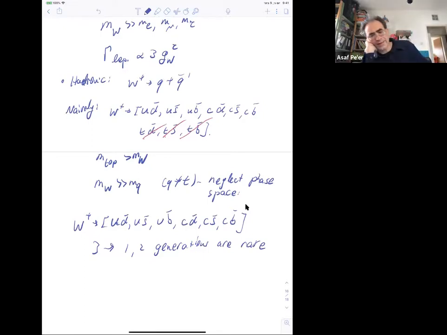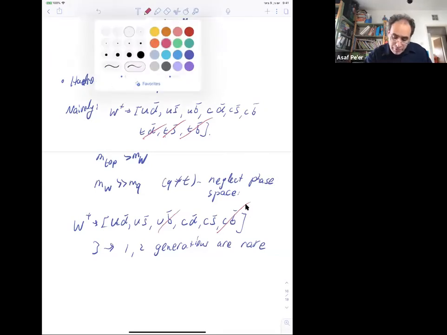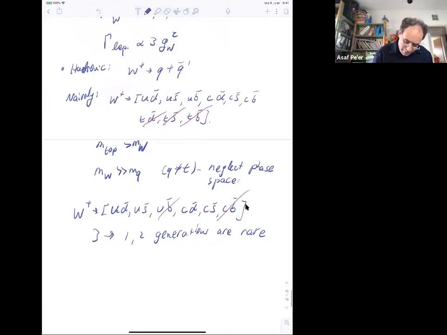So we can neglect decays into states that involve a B quark and some other quark of a different generation. They never happen. So that means that I can neglect these, and we're left with only 4 options that we can expect to occur: U anti-D, U anti-S, C anti-D, and C anti-S.